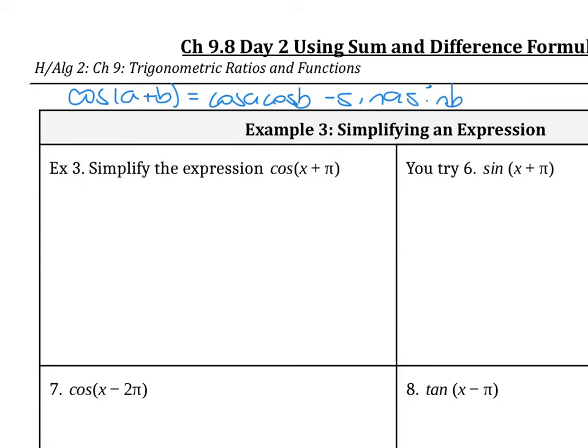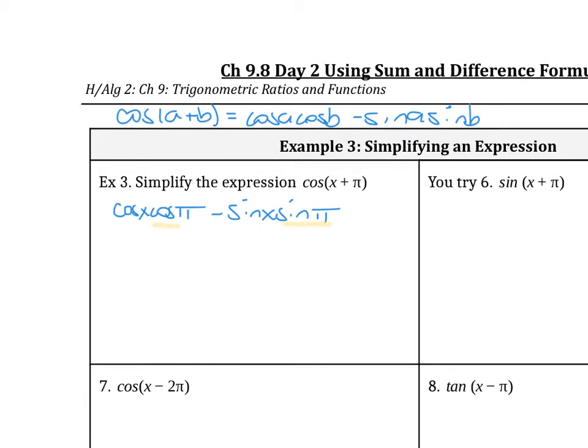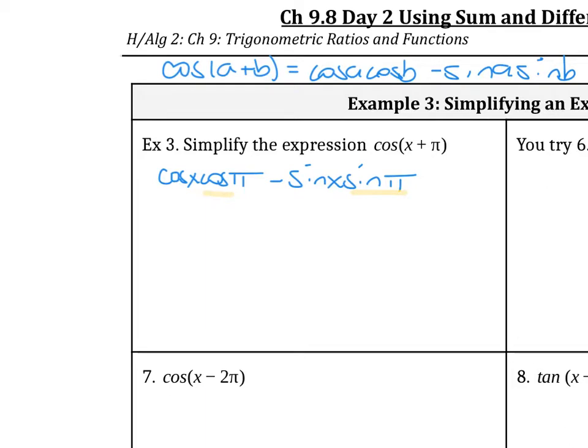So we plug it in. This is cosine of x cosine of pi minus sine of x sine of pi. The things that we do know are cosine of pi and sine of pi. Let's think about the unit circle for a second.